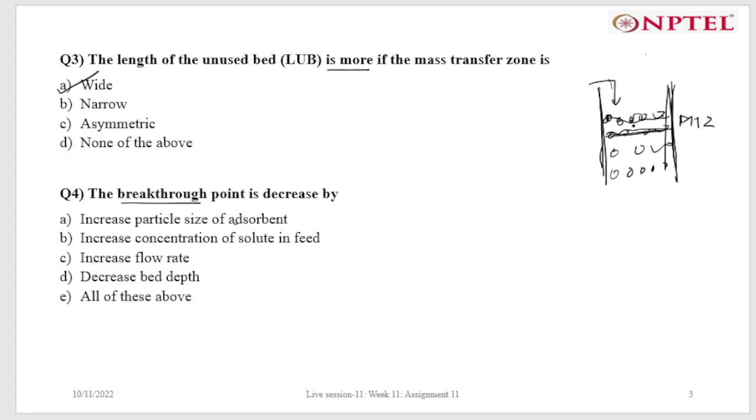After that, some of the adsorbate goes to the downside and adsorbs on the new adsorbent. But at the end of the column, the end of the fixed bed column, some of the effluent comes out of the bed. That's known as a breakthrough.